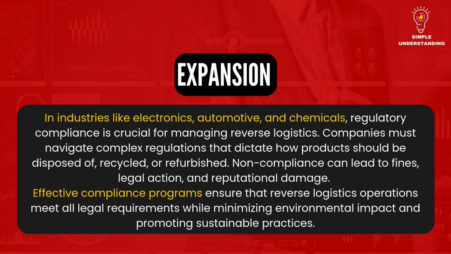Companies must navigate complex regulations that dictate how products should be disposed of, recycled, or refurbished. Noncompliance can lead to fines, legal action, and reputational damage. Effective compliance programs ensure that reverse logistics operations meet all legal requirements while minimizing environmental impact and promoting sustainable practices.